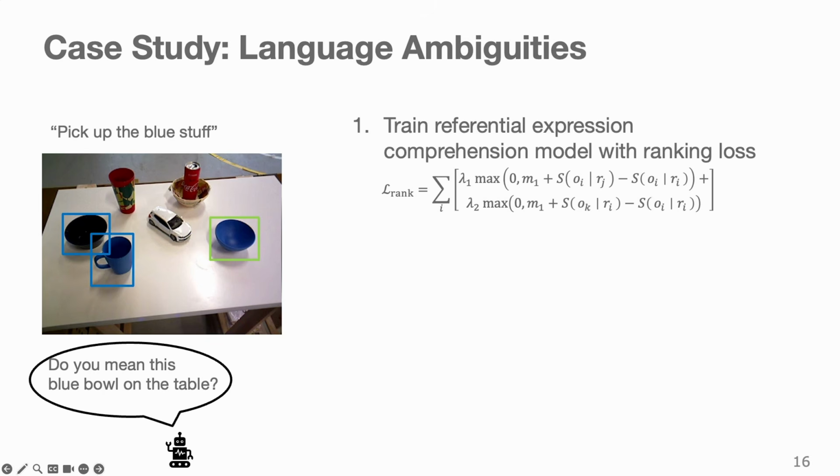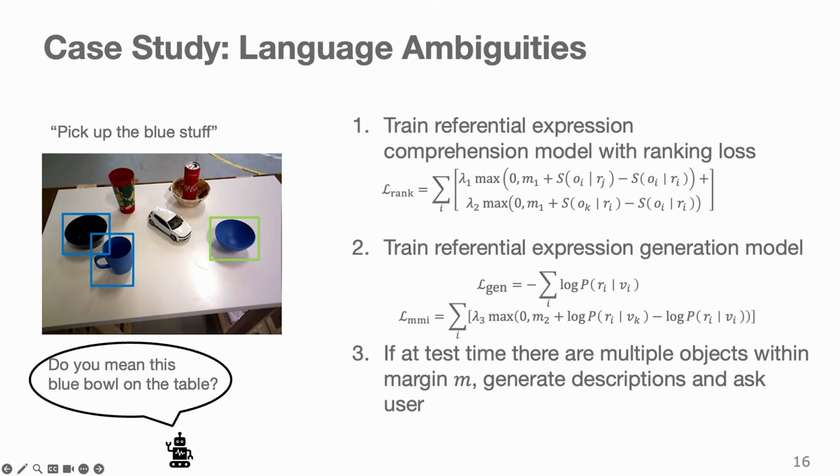During training, this loss aims to guarantee that every correct pair of sentence and object scores higher, by a margin M1, than any other pair with a wrong combination of objects and sentences.